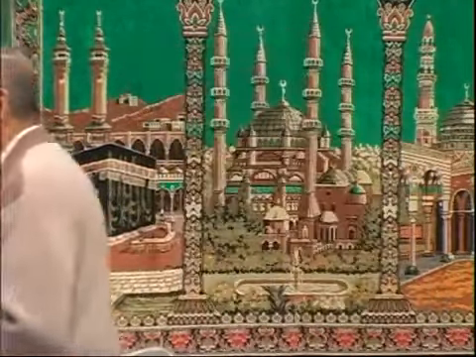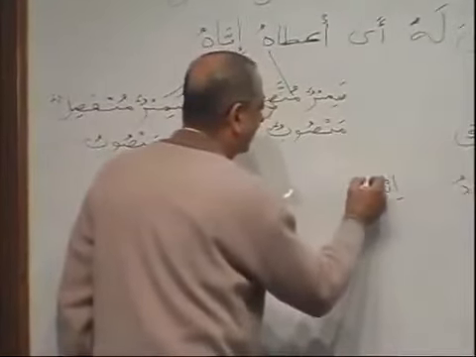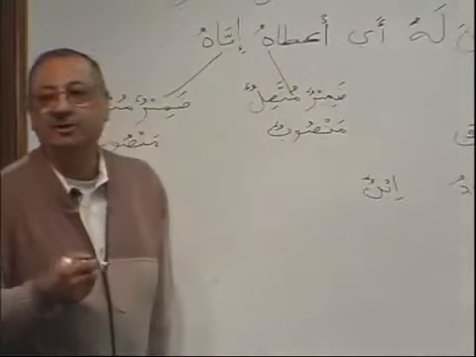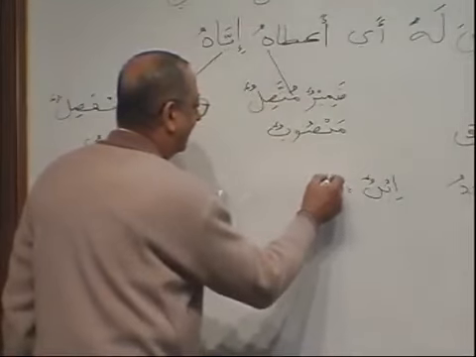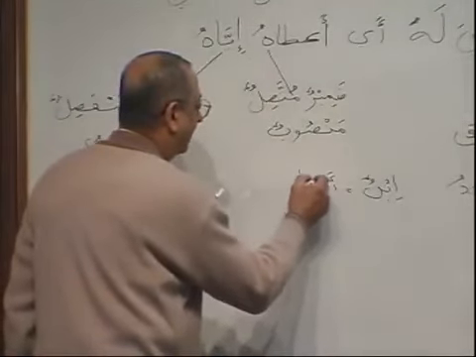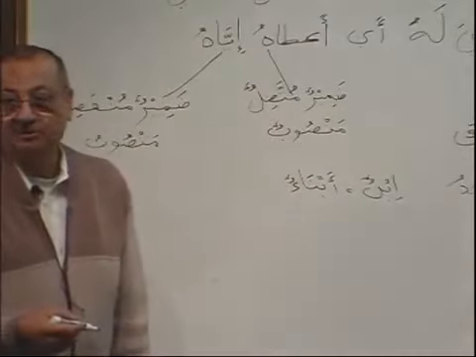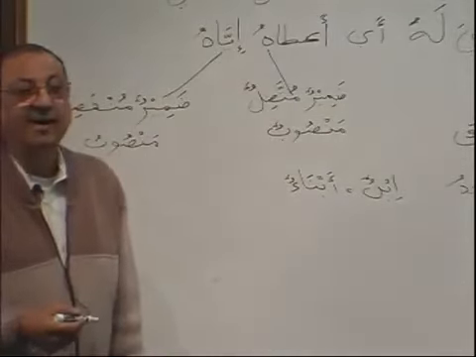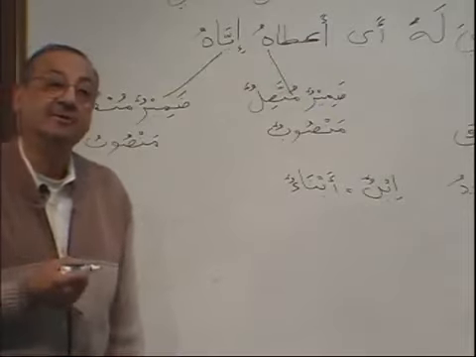Brothers and sisters, again, this is very, very interesting. Ibnun has got two jama. What is one? Abna'un. This is broken plural, jam' taksir. And there is another plural, which is jam' mudhakkar salim, sound plural.